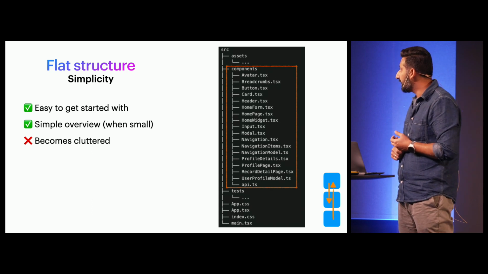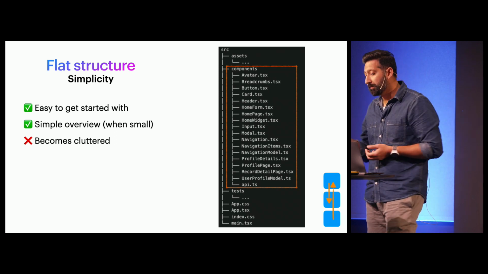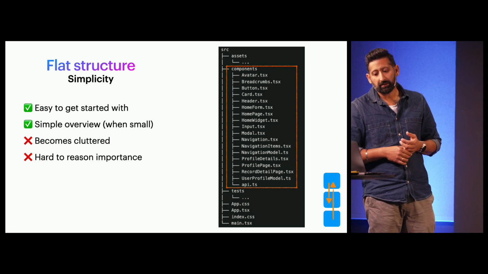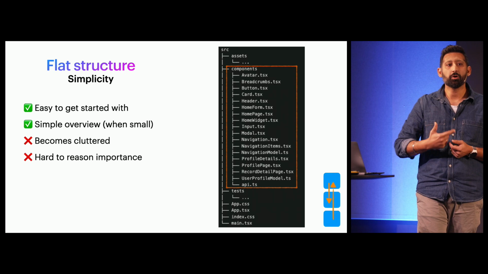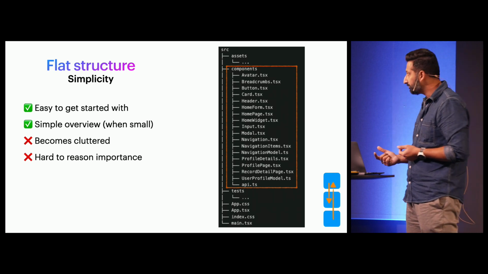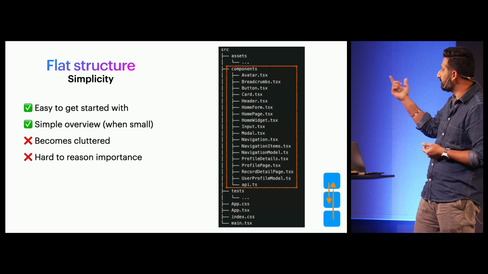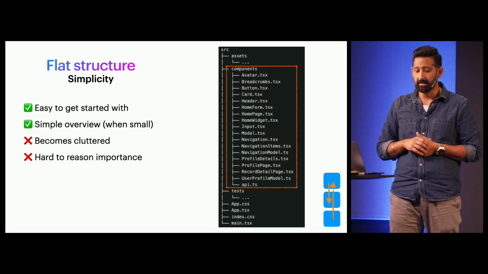As you see here, there are many components with different responsibilities, and they're all grouped in the same space. It's really hard to reason about the importance of what a component is. Because they're in the same physical structure, it's hard to see that the card component is probably less important than the records detail page in this example.